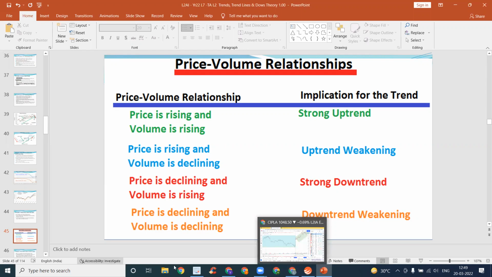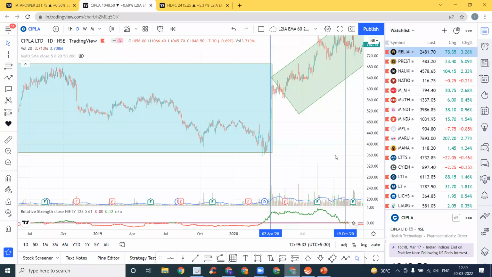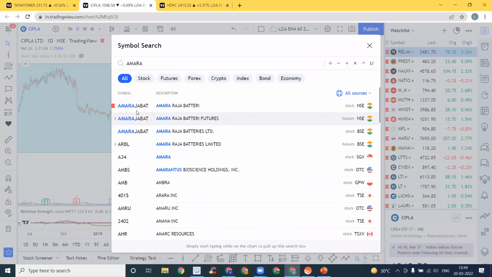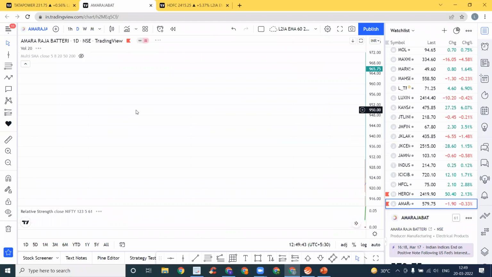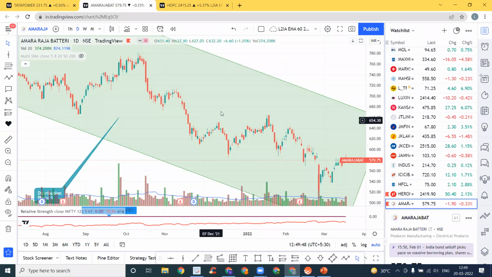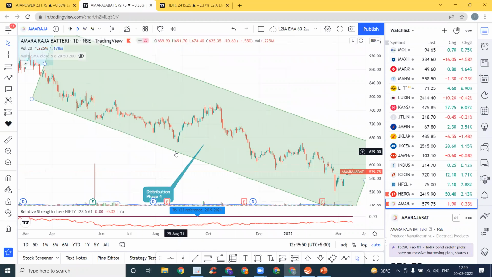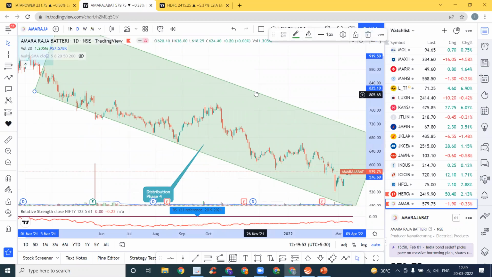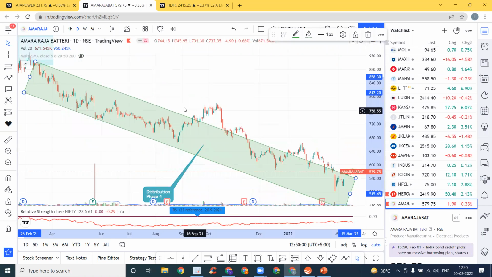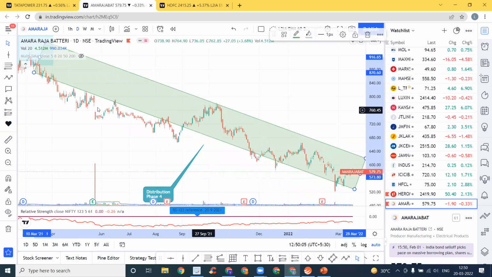Now if it is a falling stock में सब लोग हाथ धो लेंगे. So let us see Amar Raja Batteries. See here, just 1 minute.